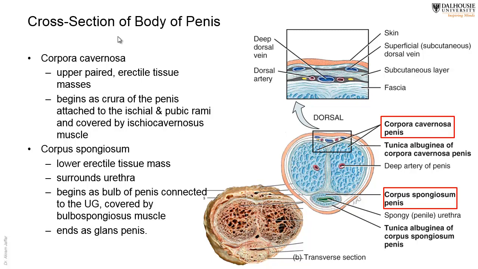When the blood gushes into these spaces, there will be more blood in them, and so they will elongate and become tighter. And this is what happens during erection of any erectile tissue, the penis or other erectile tissue in the body.